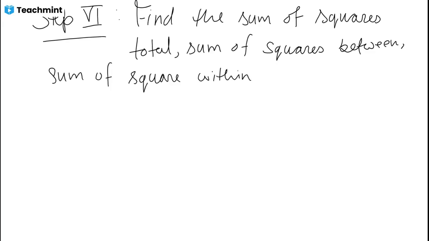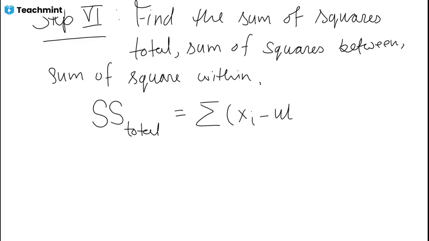Sum of square total is equal to summation xi minus mu grand, whole square.